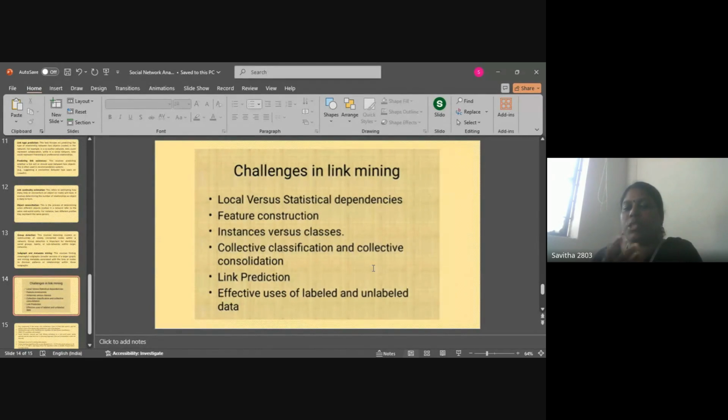So whichever object we are concentrating on to mine the link, based on the users or web pages, that is the nodes or vertices, based on these people or the labeled contents, the connection between these two nodes or people is made by the link. So only with proper link or proper labeled or unlabeled data can we easily classify or analyze the data. Those are the challenges in link mining.